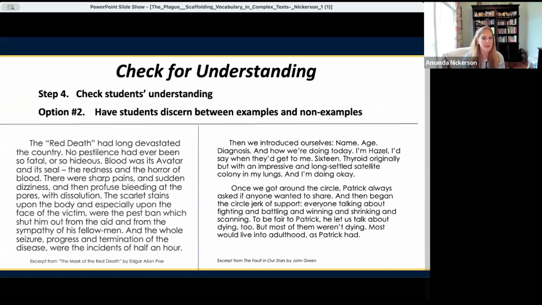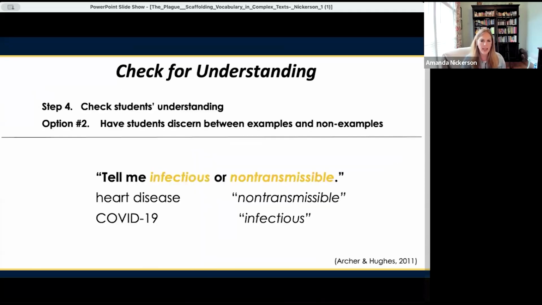So I can have them read an excerpt from The Red Death and an excerpt from The Fault in Our Stars and tell me which one represents a disease that is infectious, and that would be the Red Death, right? And then which example represents a disease that is non-transmissible, which would be The Fault in Our Stars, where the protagonist has cancer. And then we have opportunities to have them discern between examples and non-examples, perhaps in different ways.